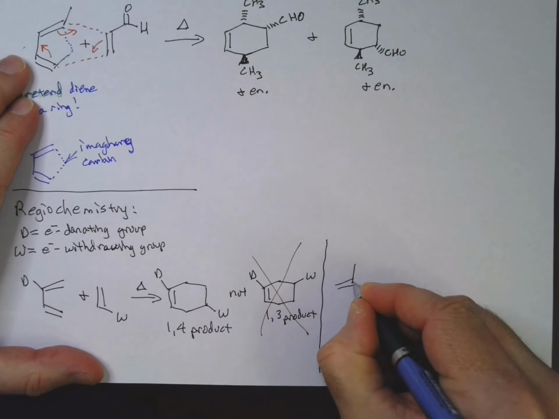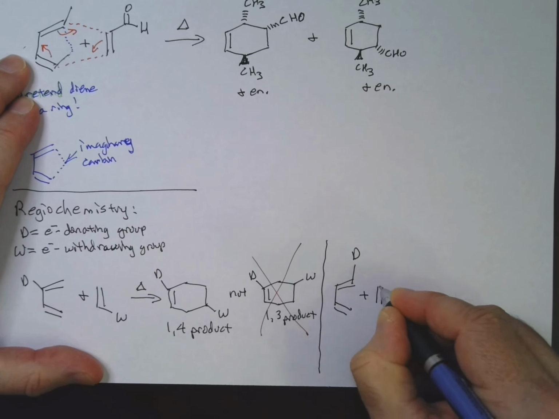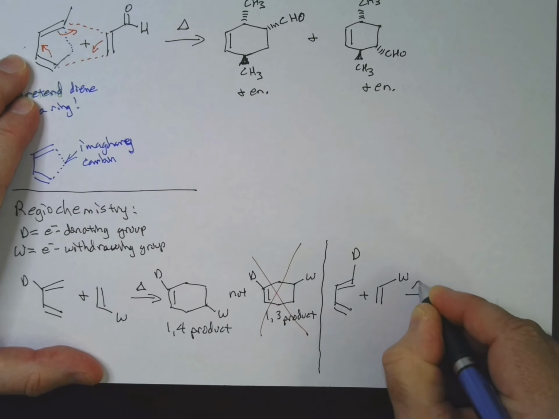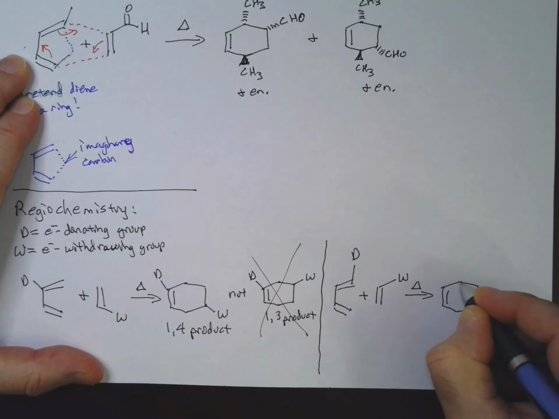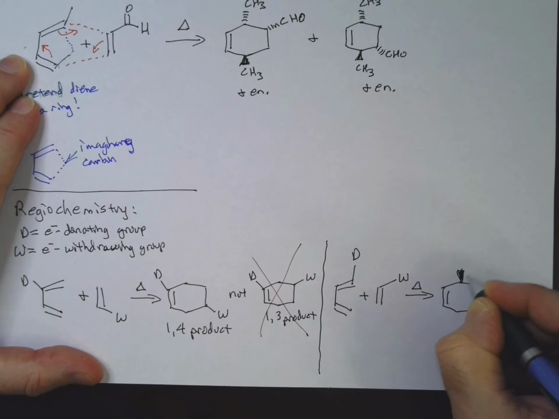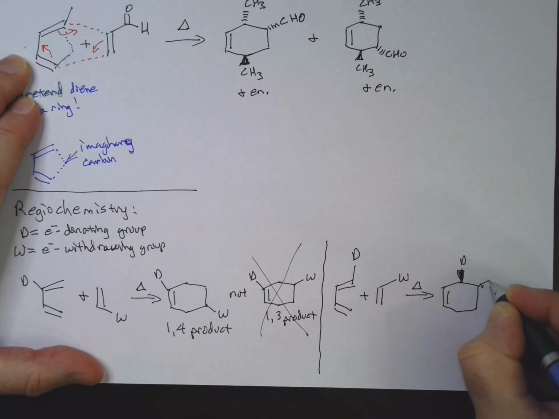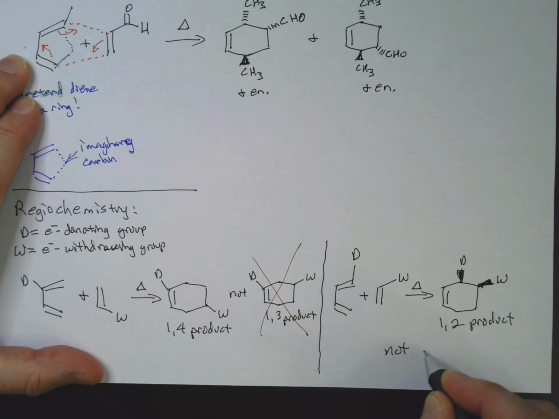Similarly, if I have my electron donating group at the end, they should be cis to each other from the pseudo-endo rule. We get the 1,2 product, and I'm not going to draw in the 1,3 product.